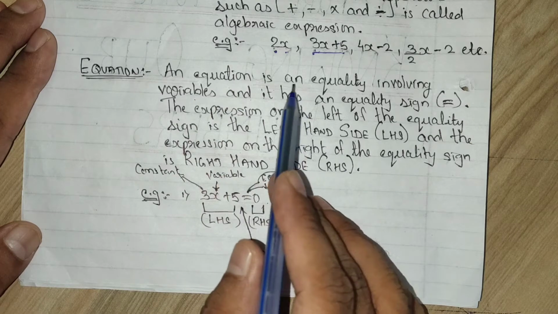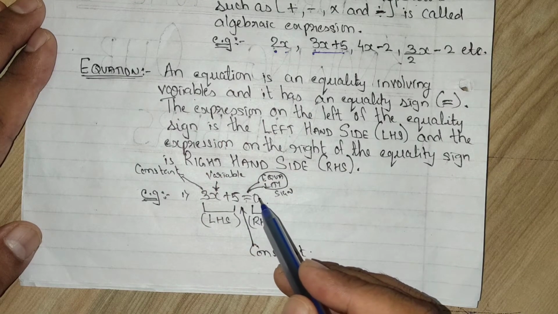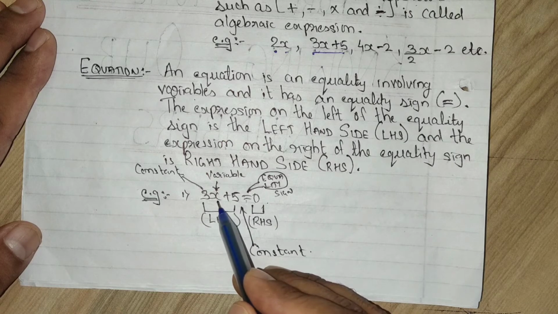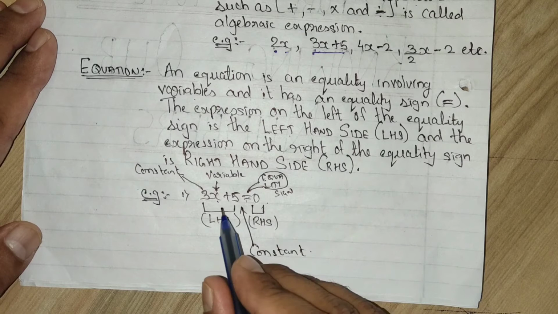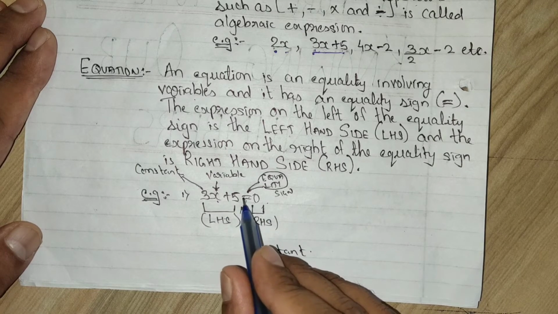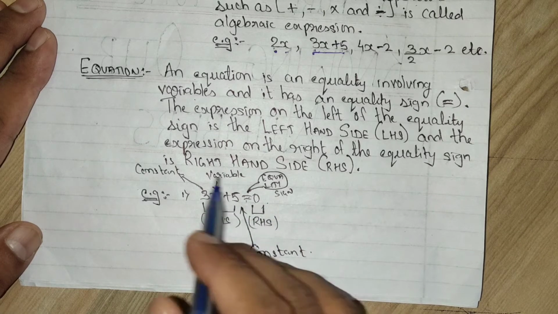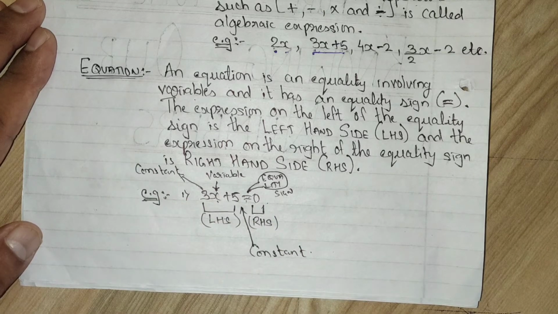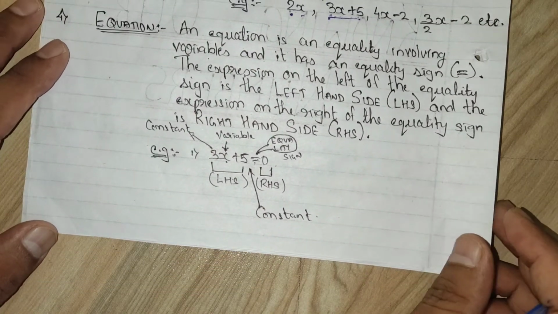An equation is an equality involving variable and it has an equality sign. Equality, that is LHS and RHS, equal to sign, and variable, is known as equation. So you have understood equation also.